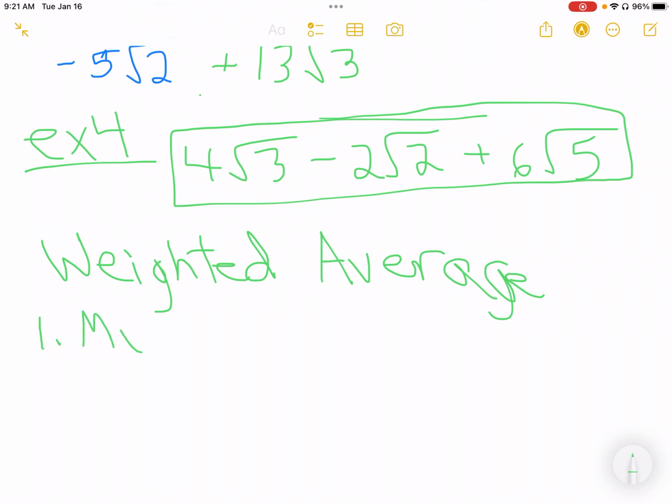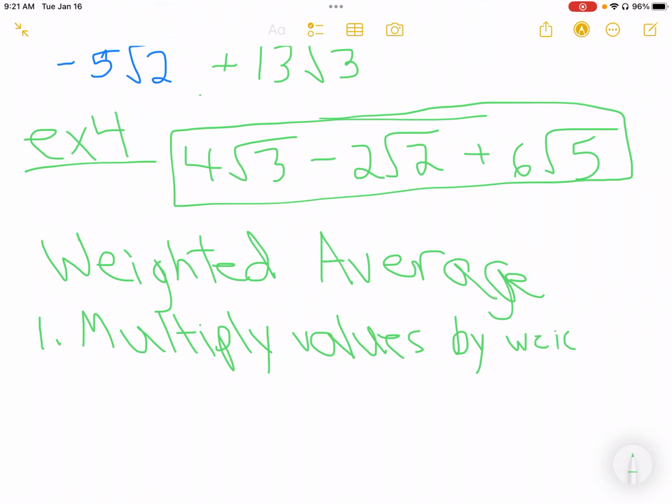So multiply values by their weight, whatever weight they told me they were, right? And then I'm going to add the products, right? So add products.